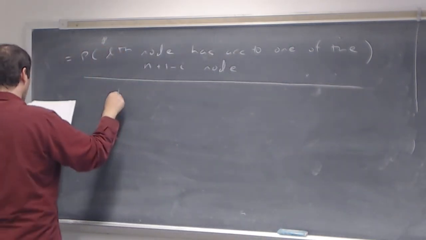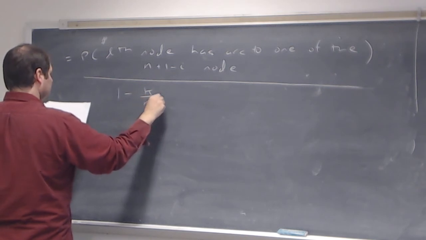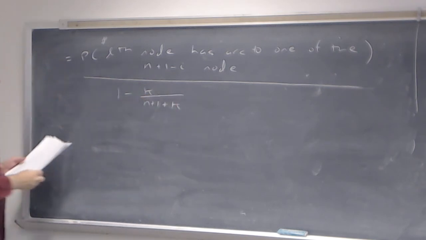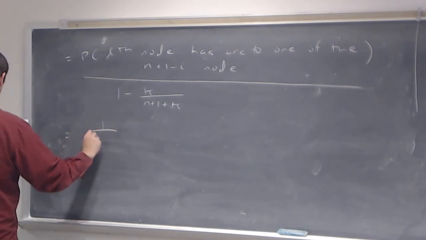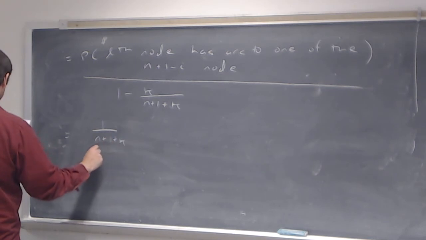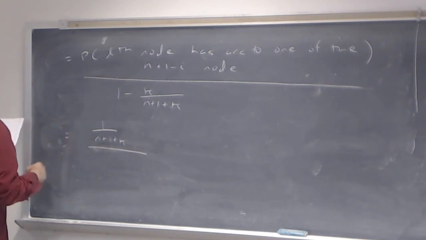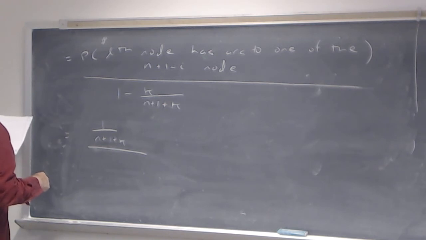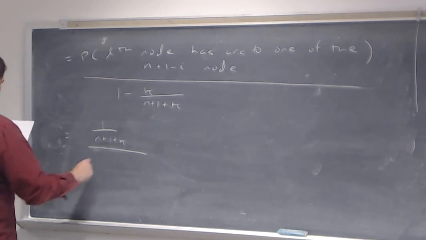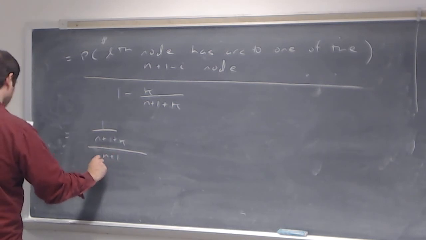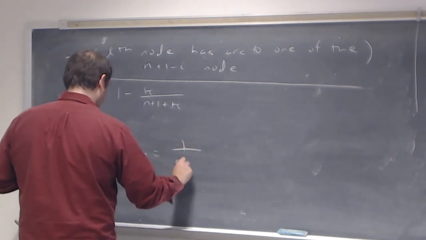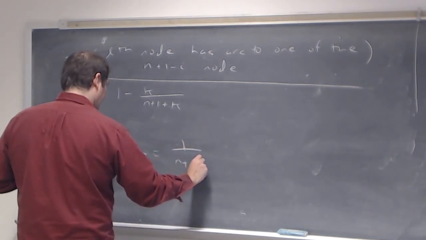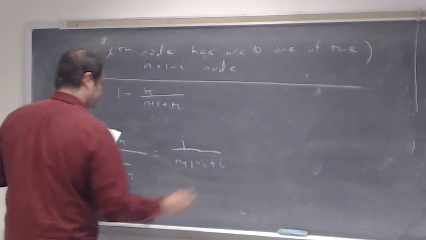It was 1 minus k over n plus 1 plus k. And that's equal to, so here it'd be 1 over n plus 1 plus k. That's what the top part is, over n plus 1 over n plus 1 plus k, which equals 1 over n plus 1, we could say, minus I plus I.